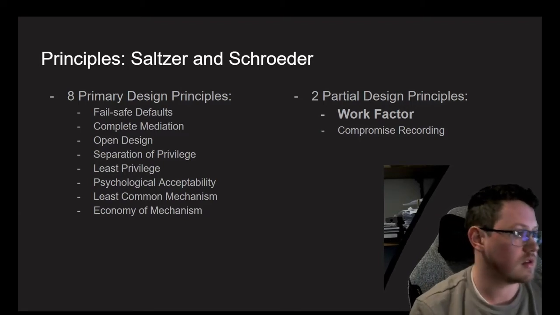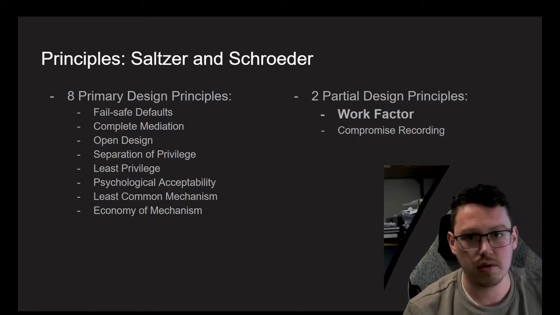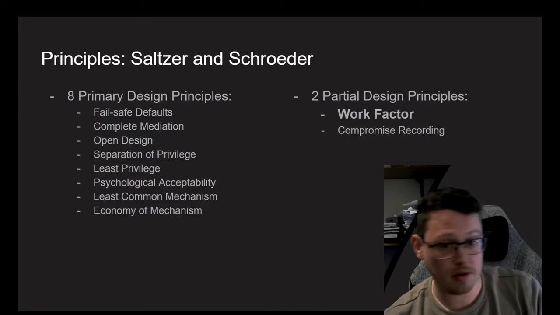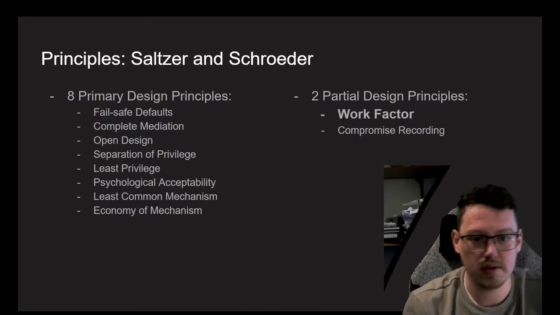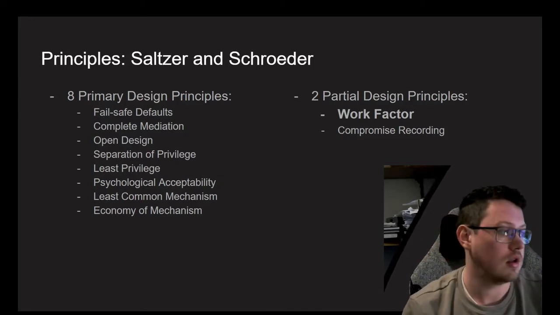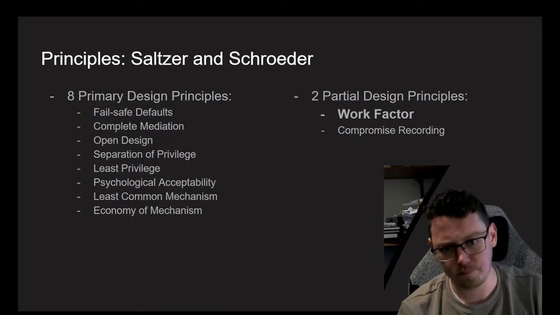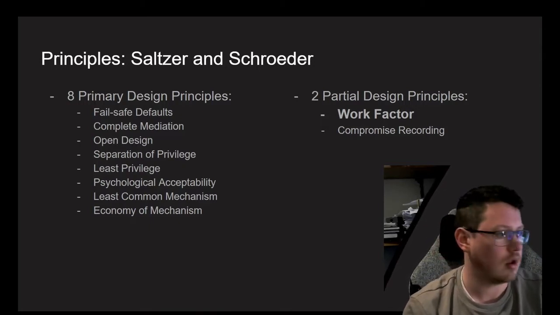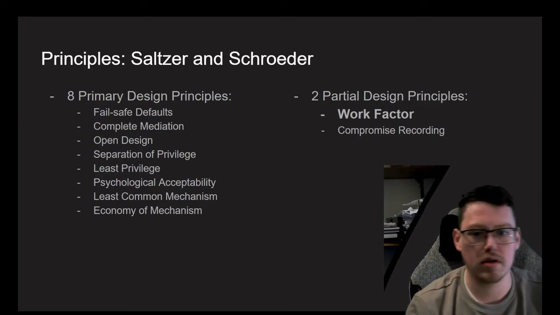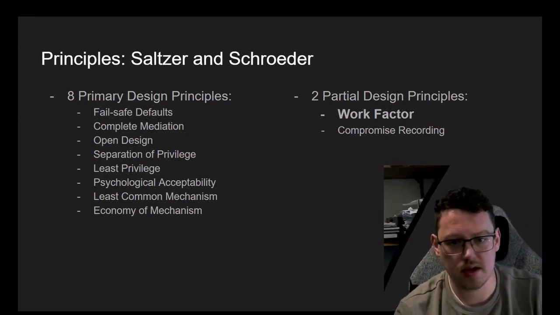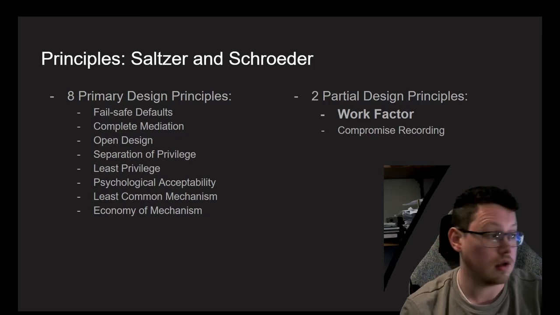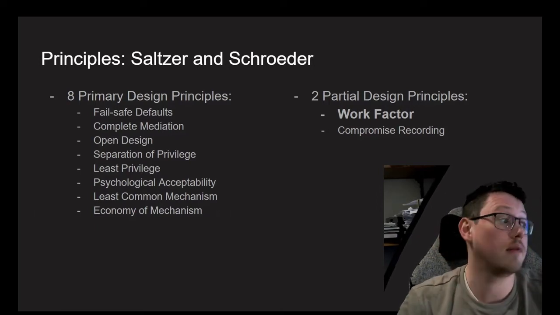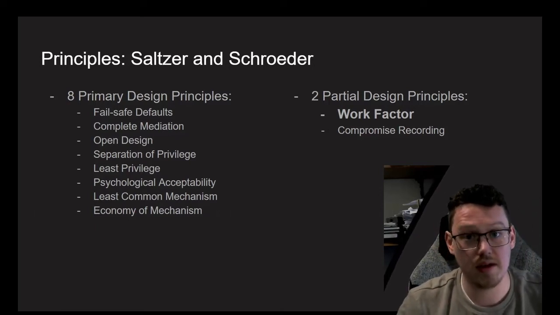Okay, so we're looking at things that now partially apply to security. We've got work factor. Work factor is all about how expensive it is, in terms of time and resources, to bypass the control. We can look at it from bypassing the control, and we can look at it from implementing the control as well. As an example, password policy usually aims at increasing the work factor for an attacker.